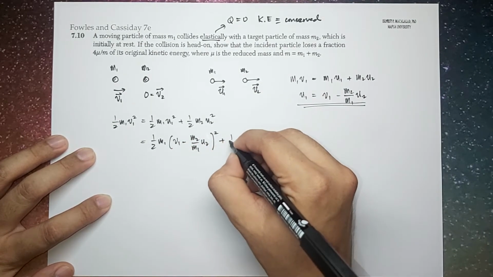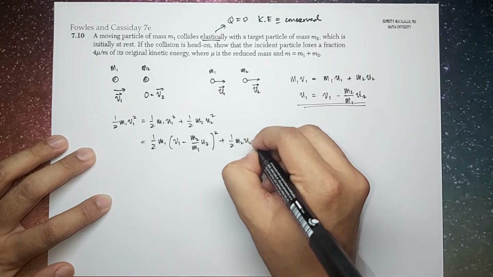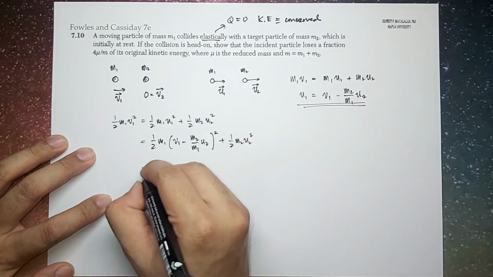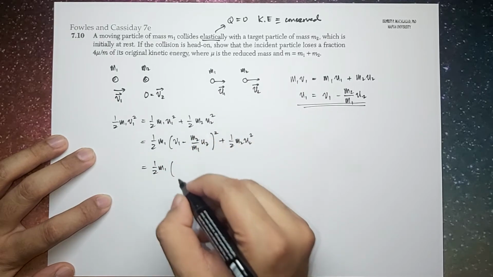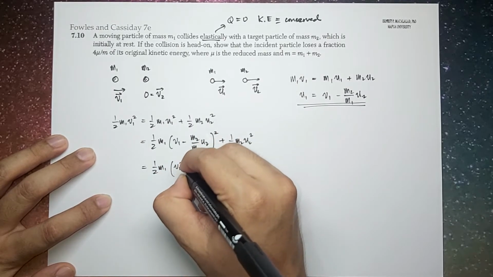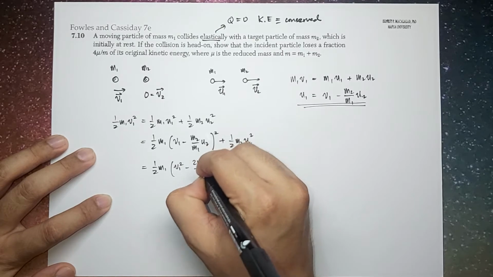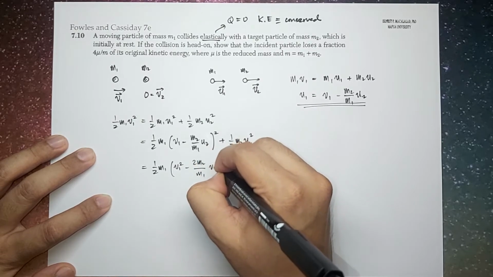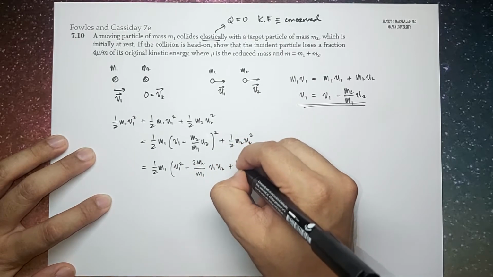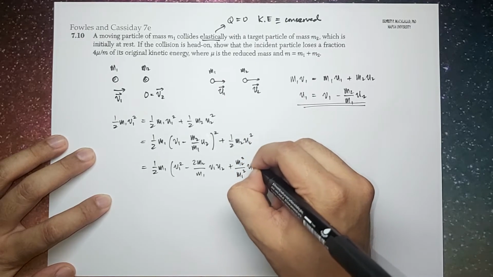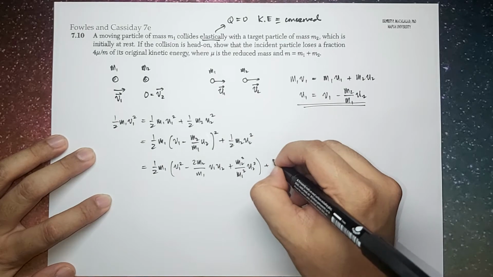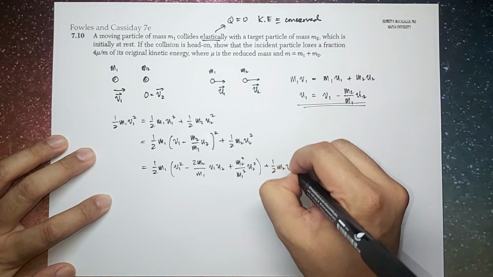Plus 1/2 m2 u2 squared, and this is equal to 1/2 m1, and then we expand the square: v1 squared minus 2 m2 over m1 v1 u2 plus m2 squared over m1 squared u2 squared, plus 1/2 m2 u2 squared.